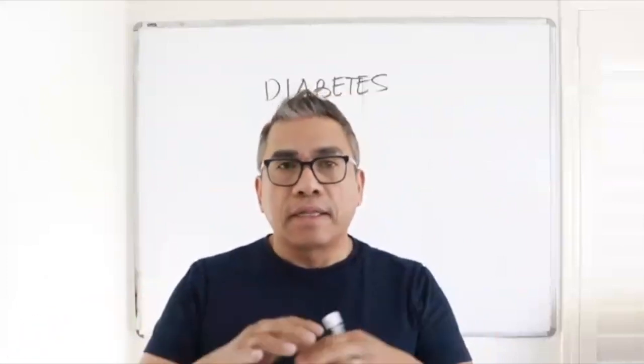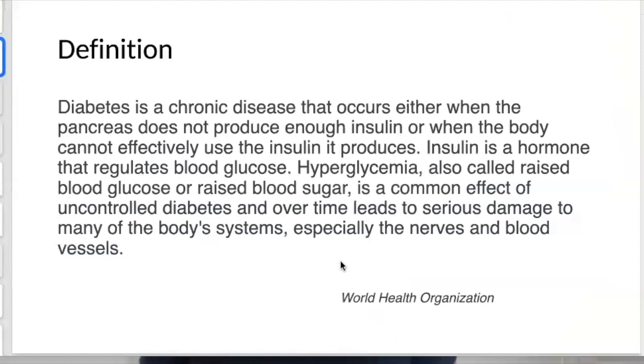So that's my simple understanding of what diabetes is. But of course, there's more to it than the simple way of understanding it. Now, let's go to what this trusted source says about diabetes. According to the World Health Organization, diabetes is a chronic disease that occurs either when the pancreas does not produce enough insulin or when the body cannot effectively use the insulin it produces.